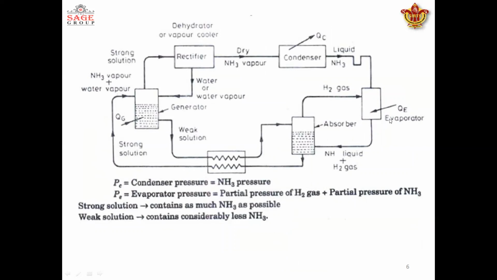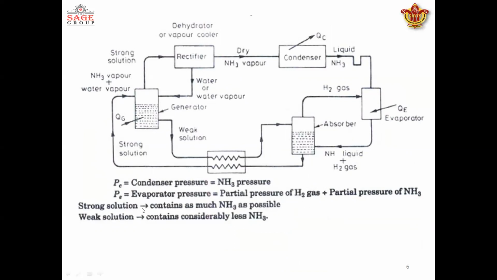that inside the evaporator, we have the evaporator pressure PE, and that is the combination of the partial pressure of hydrogen gas and the partial pressure of ammonia, as per Dalton's law of partial pressure.